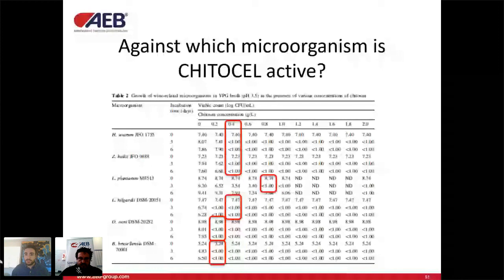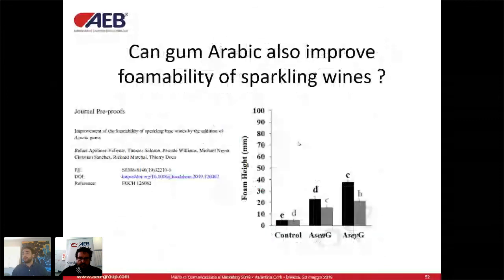The last question I prepared is, can gum arabic also improve foamability of sparkling wine? And I want to show you this study. It has been published in the Journal of Food Chemistry. Gum arabic has been shown to improve the foamability, so the height of the foam, but also the stability of the foam.